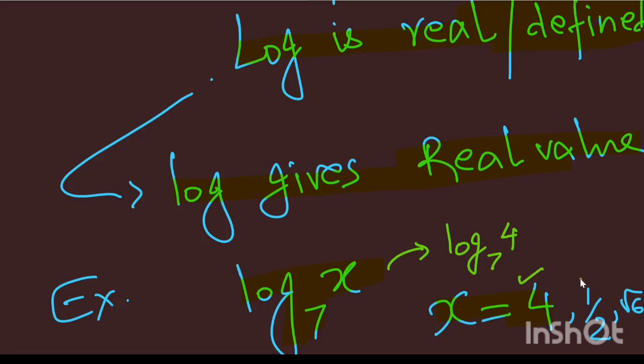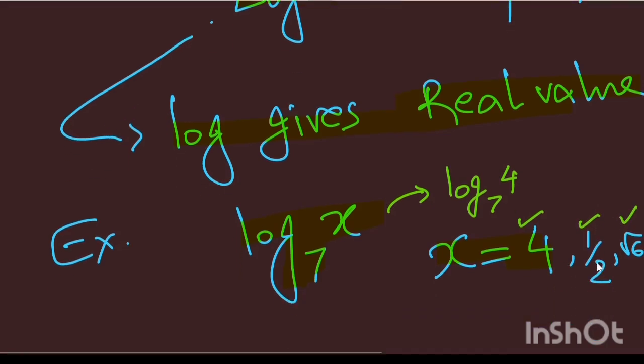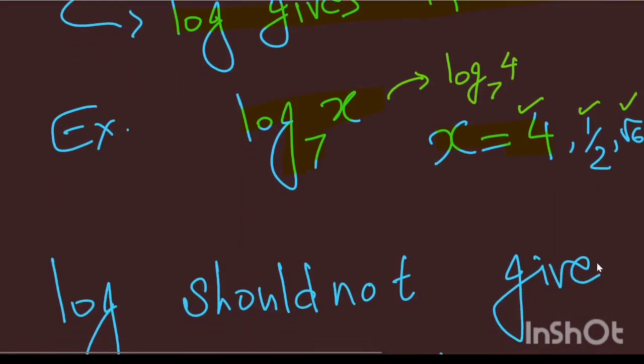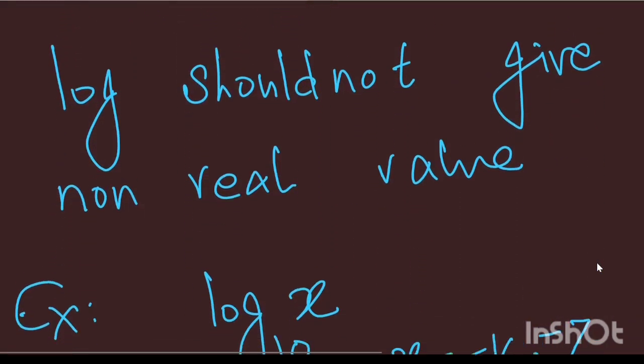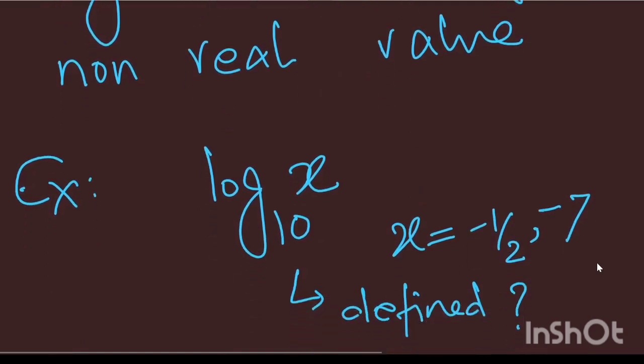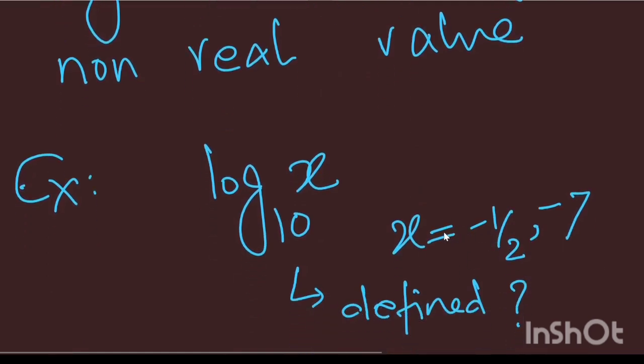Similarly, the argument here also is positive. Root 6 plus root 6 is also positive. So it will give a real value. It shouldn't give a non-real value, like log x base 10. If you substitute negative numbers in the argument, it won't be defined.